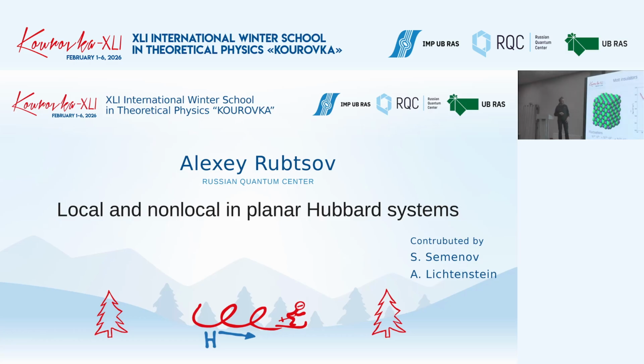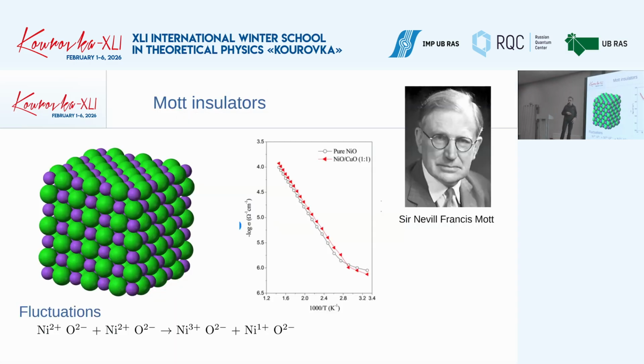Good. I will start from a very old time, from the time of Mott. Then he came with this famous idea of the Mott insulator. Just to remind you, if you start from band theory, then there are very strict rules about which compounds can be insulating and which cannot.